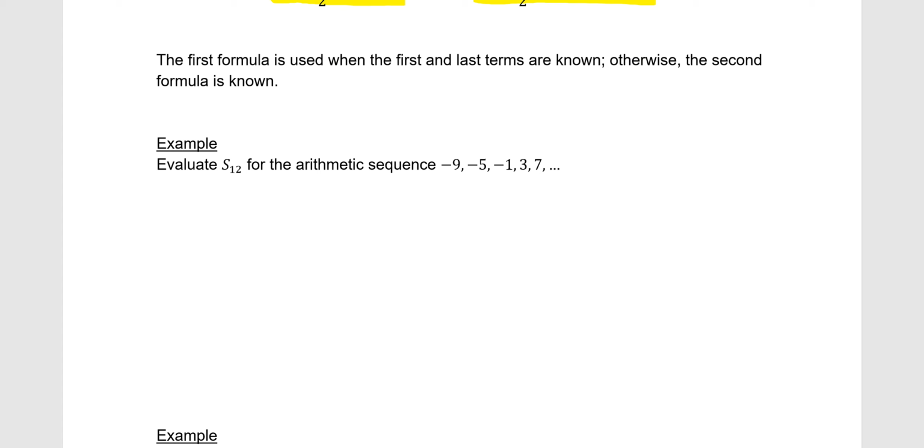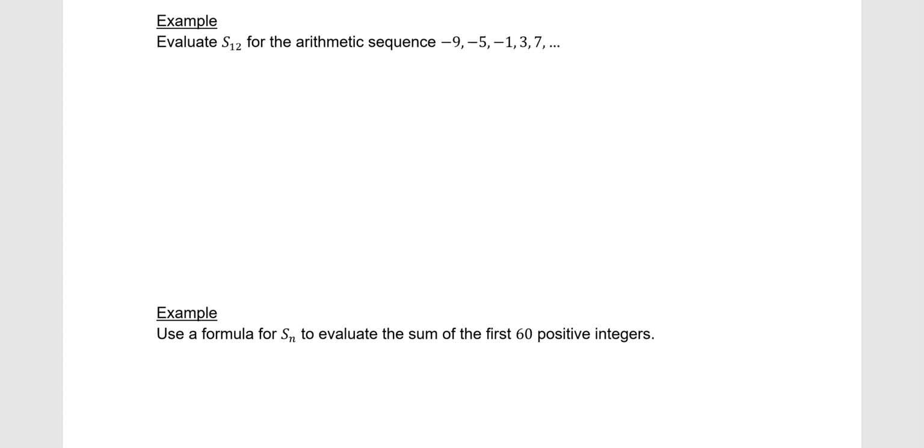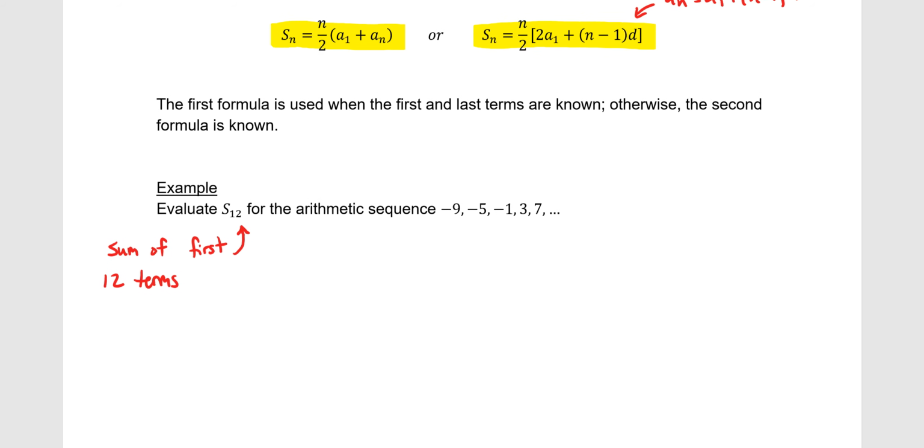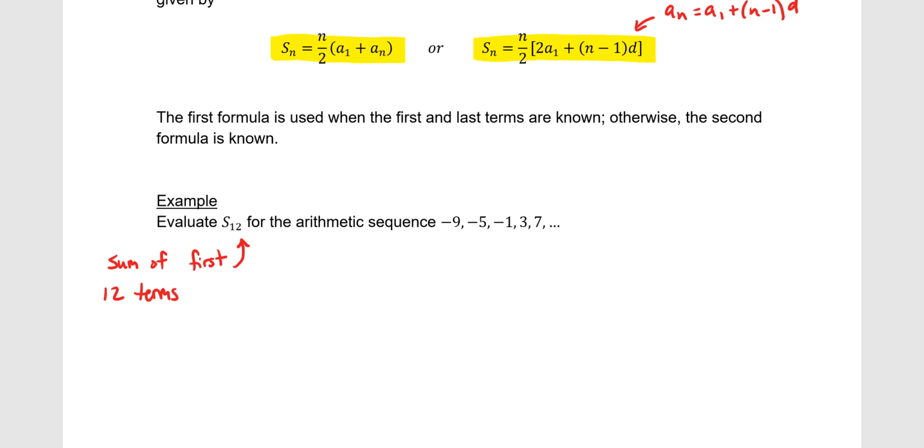So let's go ahead and do 2 examples here. We want to evaluate S12, which is the sum of the first 12 terms for the arithmetic sequence -9, -5, -1, 3, 7, and so on. So we could probably figure out the first and last term pretty easily by just adding the common difference, and then we can use the first formula.